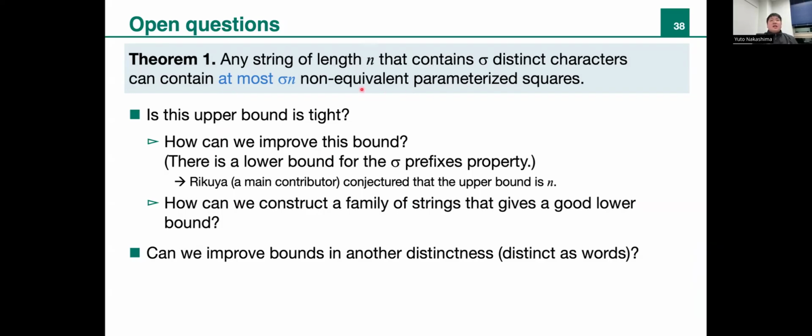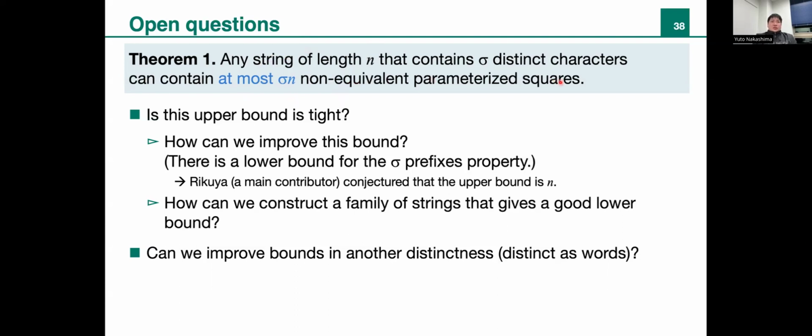Recall this is our main lemma: any string can contain at most sigma times n non-equivalent parameterized squares.